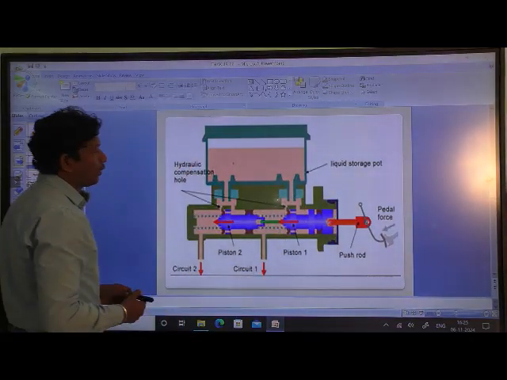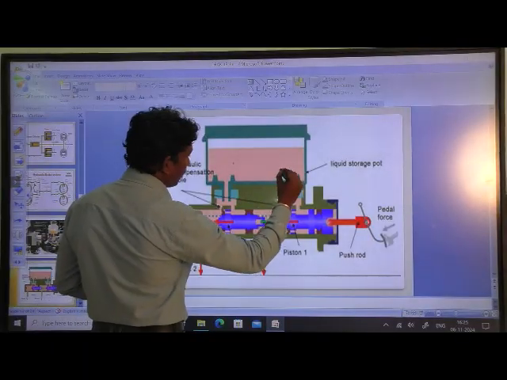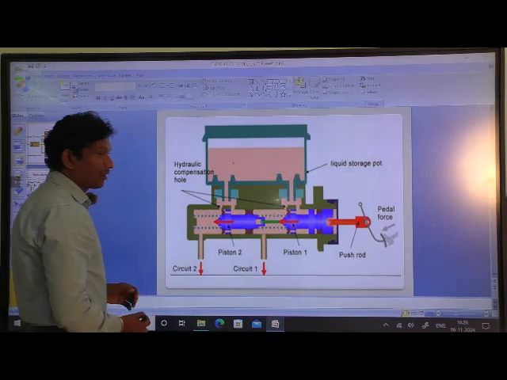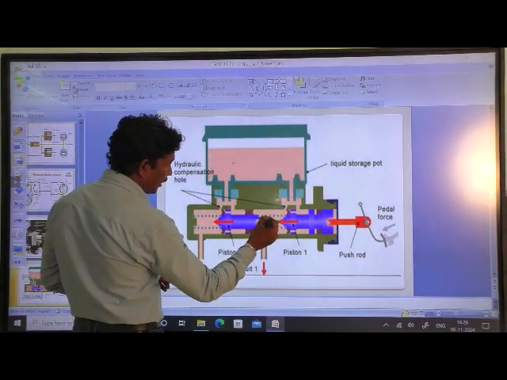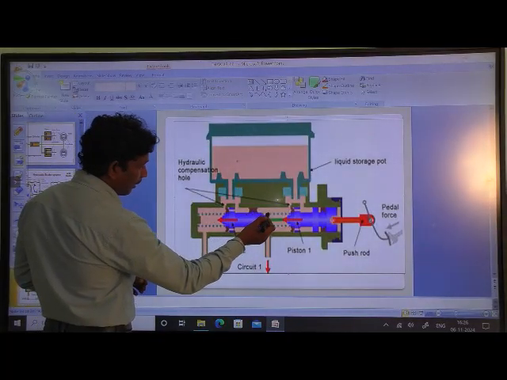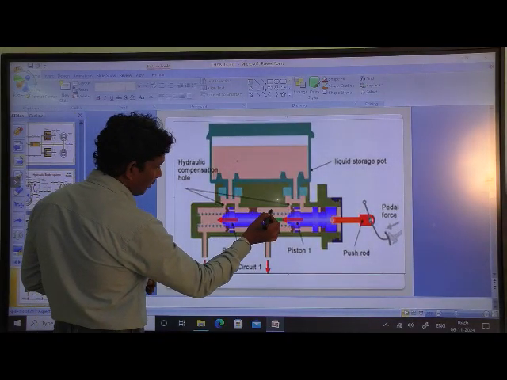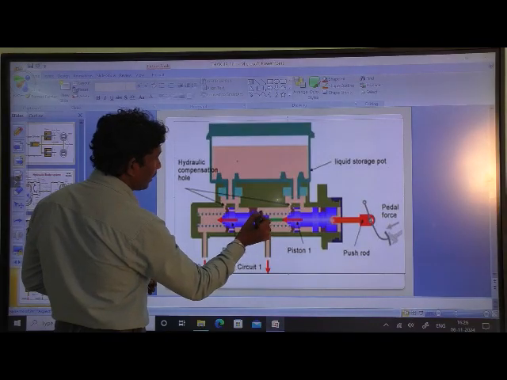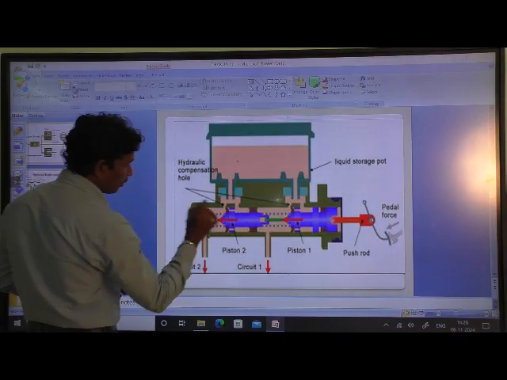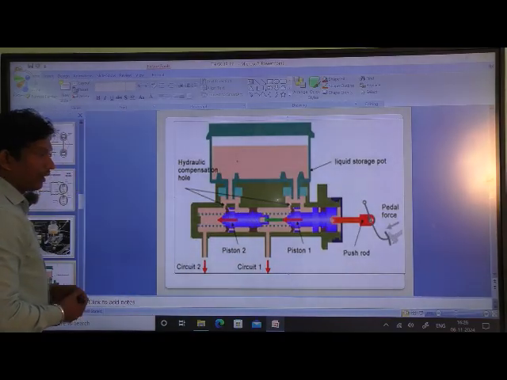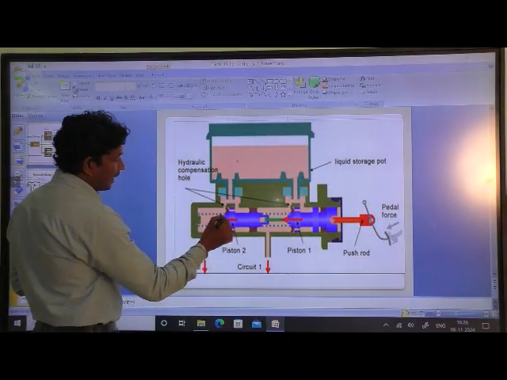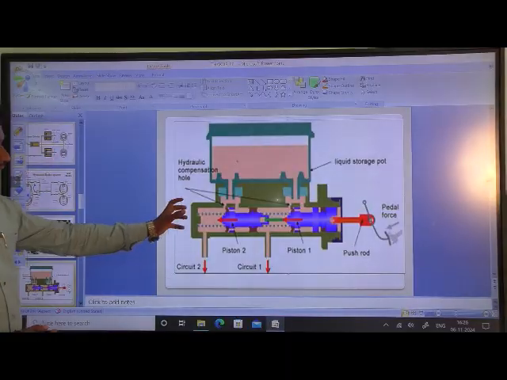The fluid in the reservoir comes to the primary cup of the master cylinder. When the primary cup is filled up, the fluid comes from the primary cup through the bypass port to the secondary cup, and in front of the piston inside the master cylinder, the fluid gets compressed.